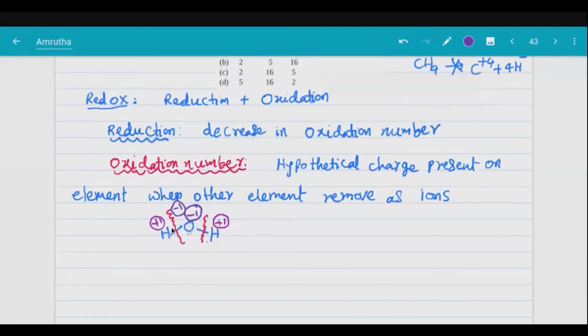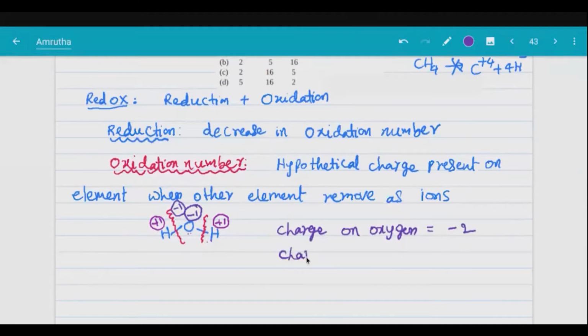This is just a hypothetical charge. We are not saying it is giving O minus 2. So the charge on oxygen is minus 2 in water.